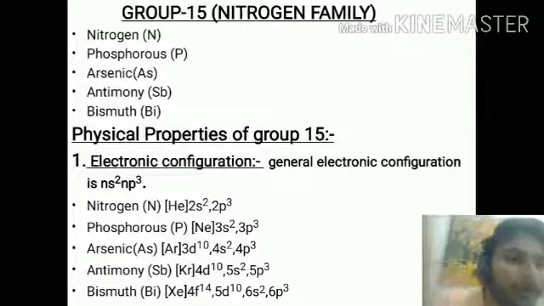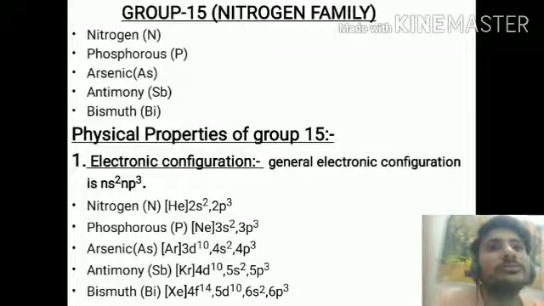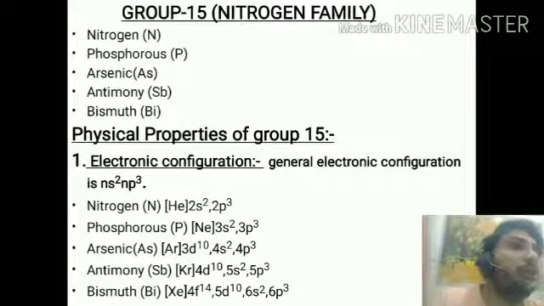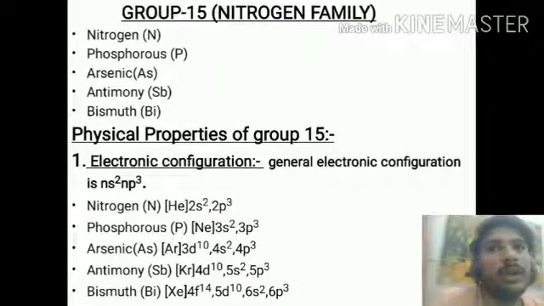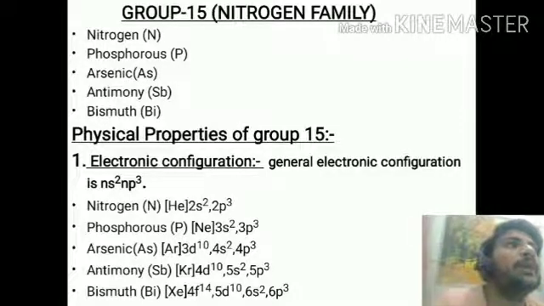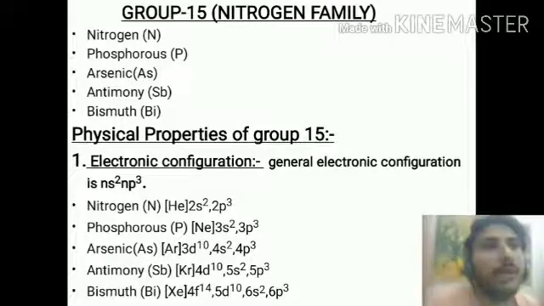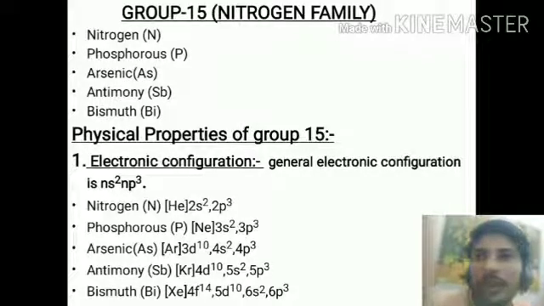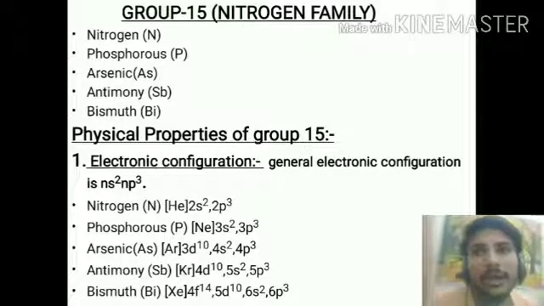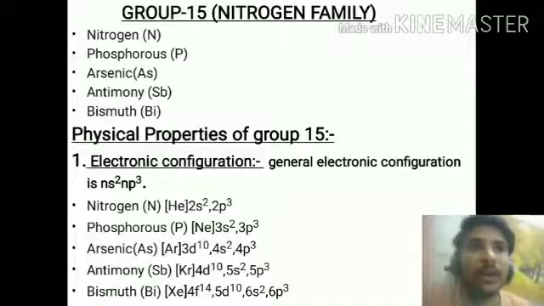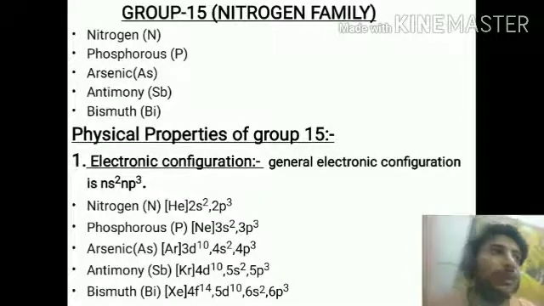Most important thing: why do we call this the P block element? Because the incoming electron enters into the P subshell. That's why we call it a P block element. Why do we call it an S block element? Because the incoming, or we can say last, electron enters into the S orbital, so we say S block element.